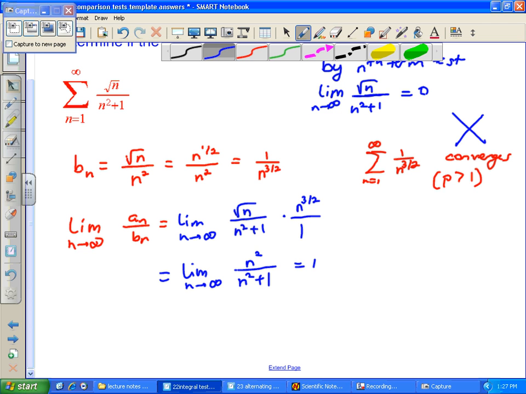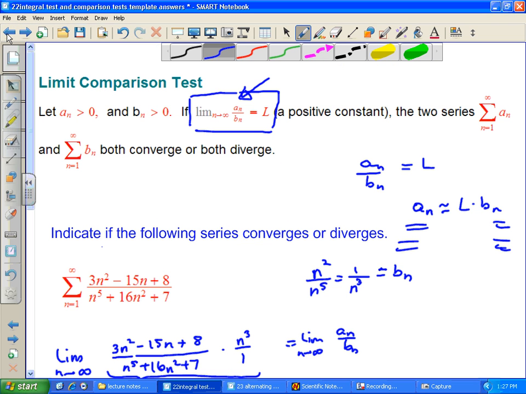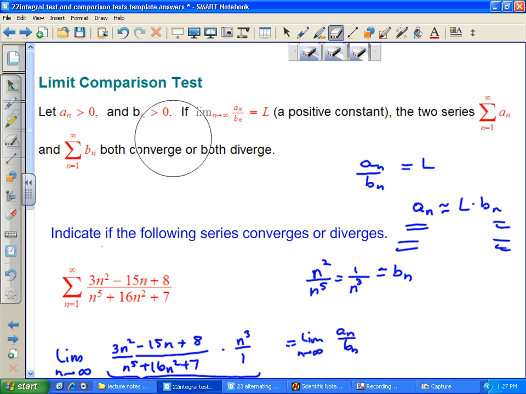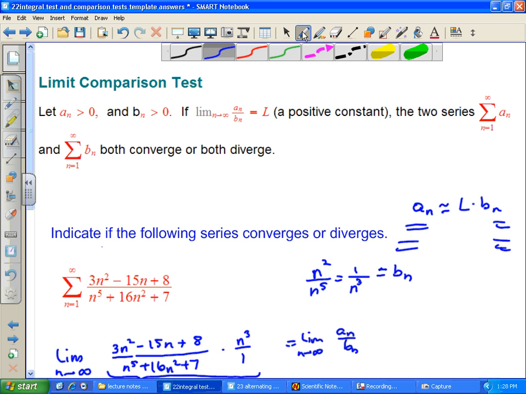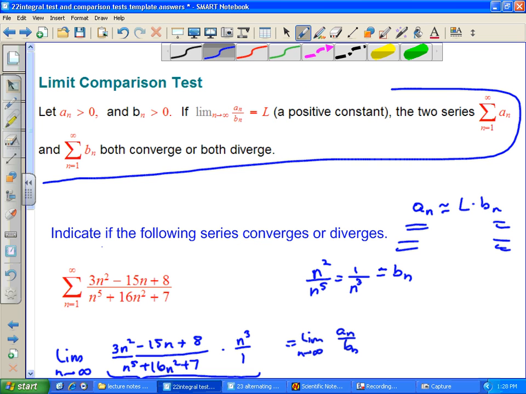Okay, I want you to go back to the definition of the limit comparison test. What does it tell? Look at the definition of the limit comparison test right here. That ratio is 1, which is a positive constant, right?